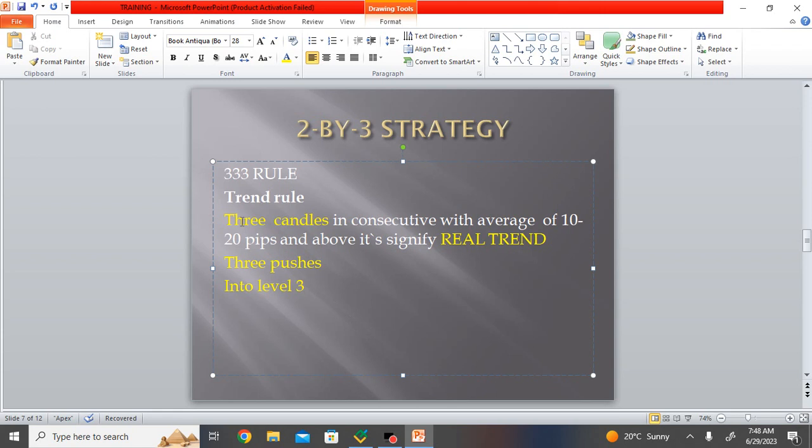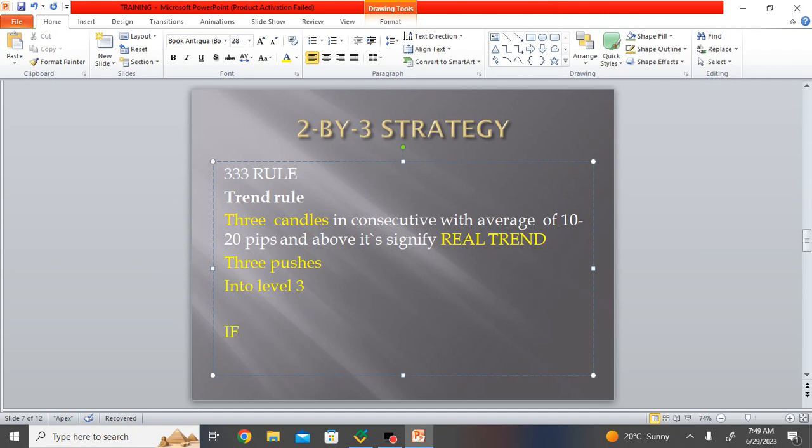So here this is 3-1, this is 3-2, this is 3-3. So the first 3 means 3 candles. The second 3 means 3 pushes. The third 3 means in the 2/3 level. So this is a real trend.